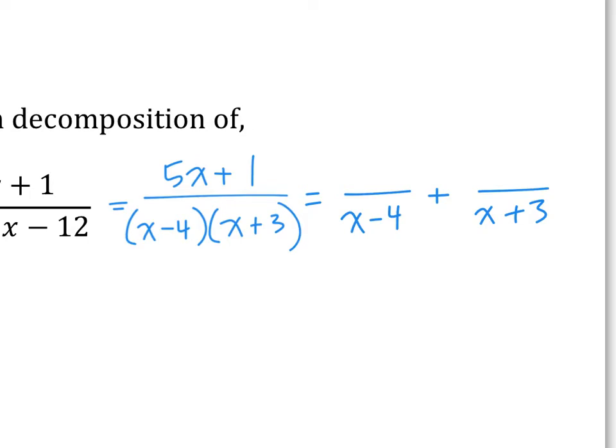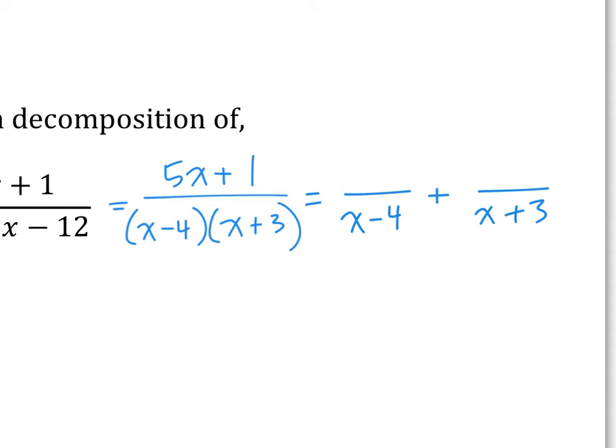The next thing is asking yourself, what number will go on here? We don't know, so we're going to make educated guesses. This is how the game works. For each partial fraction, you look at the degree of the denominator. What is the degree of the denominator? 1. The numerator is always going to be 1 degree less.